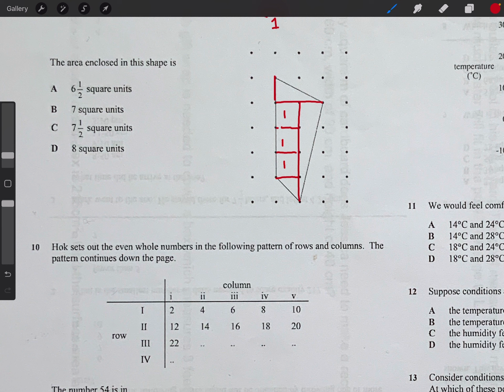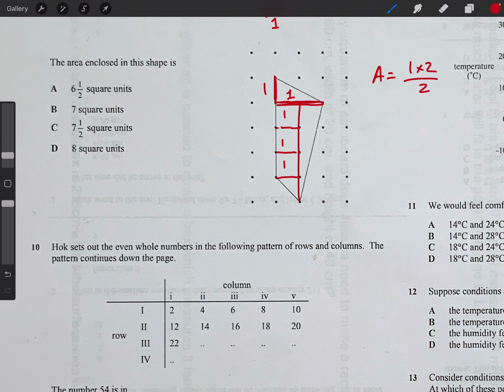This is a triangle, okay? The area of this triangle is 1 times 2. So area is equal to 1 times 2 divided by 2. 1 times 2 is 2, 2 divided by 2 is equal to 1. So the area of this triangle is also 1.